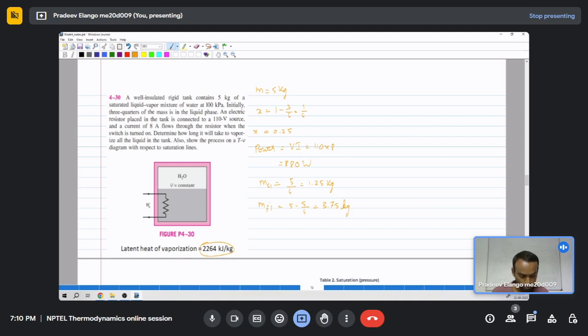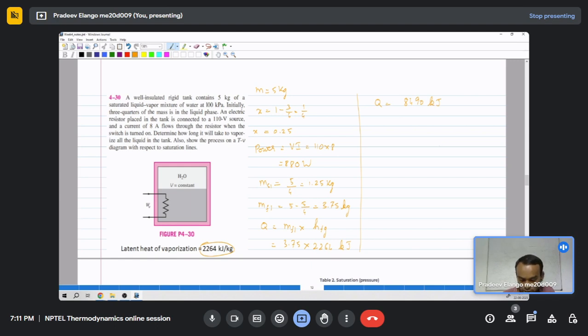Now we need to vaporize this mass. So Q is equal to m_f1 into h_fg. h_fg generally denotes the latent heat of vaporization. So this is 3.75 into 2264 kilojoules, so this is 8490 kilojoules.